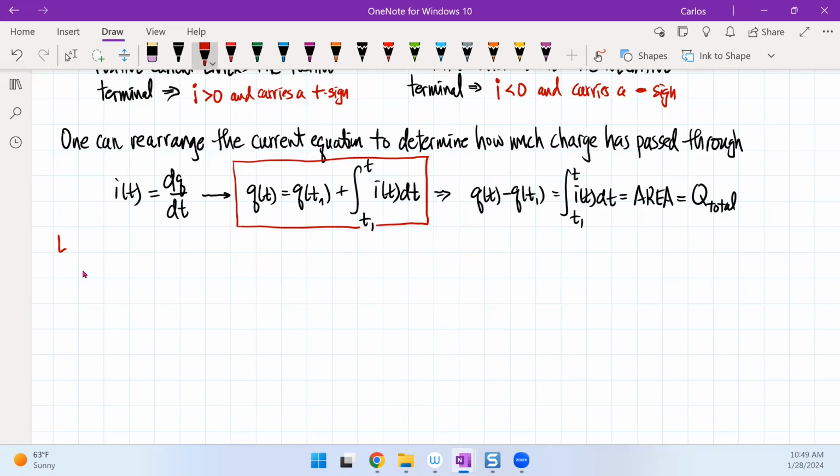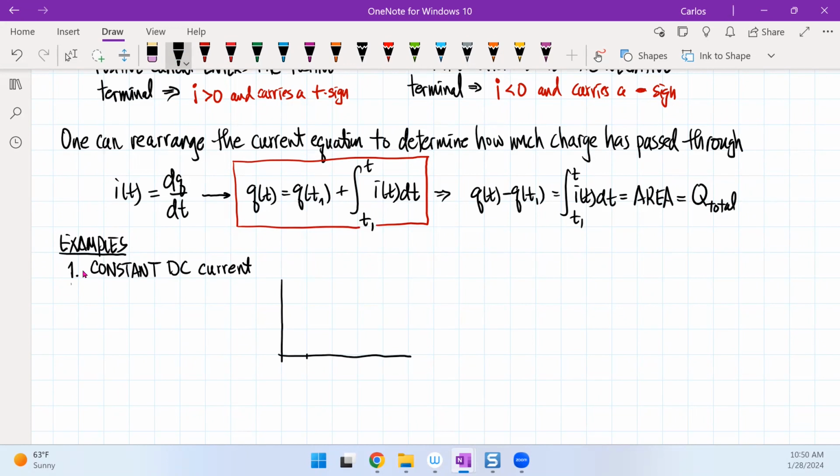So if I think about this example, let's say I have a constant DC current, what would we expect to have? Well, I'm going to have a plot that's going to look something like this.